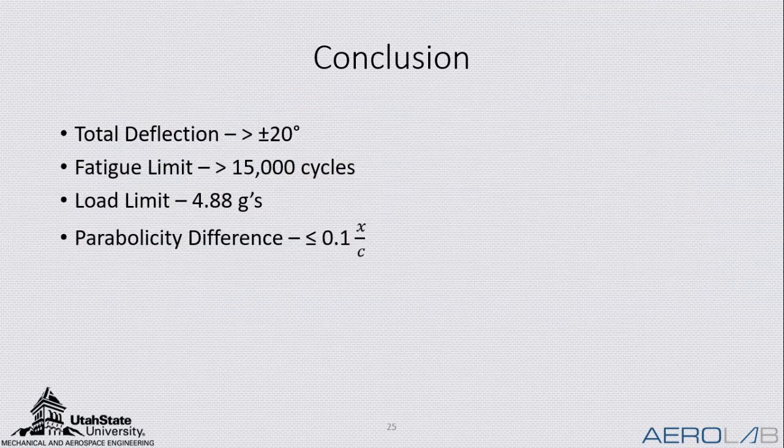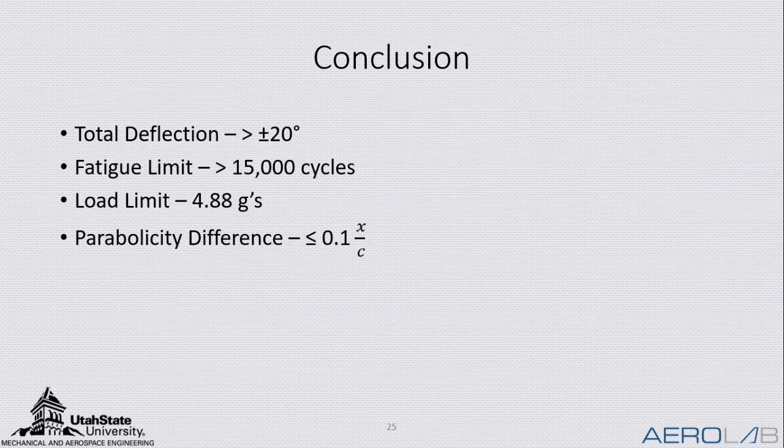And so in conclusion, the total deflection that we were able to obtain was plus and minus 20 degrees, which met that requirement. We were able to reach a limit of 15,000 cycles for the fatigue limit. Like I mentioned, that's a little bit less than 3 10-minute flights.